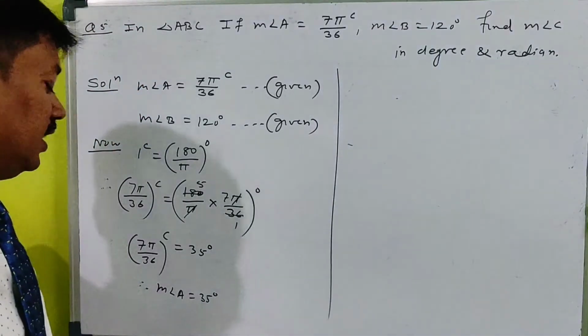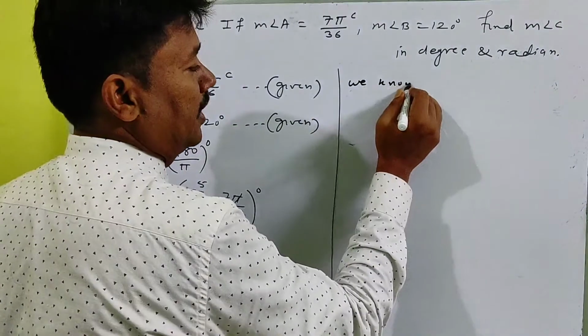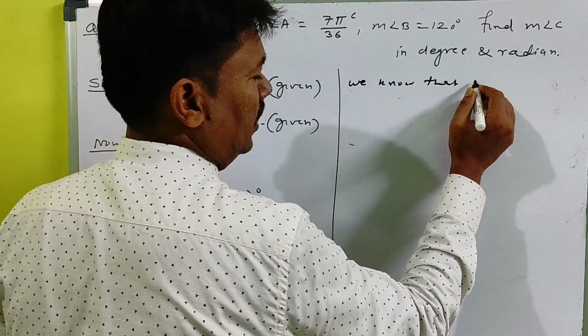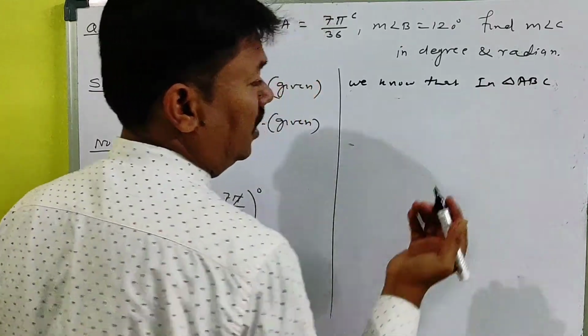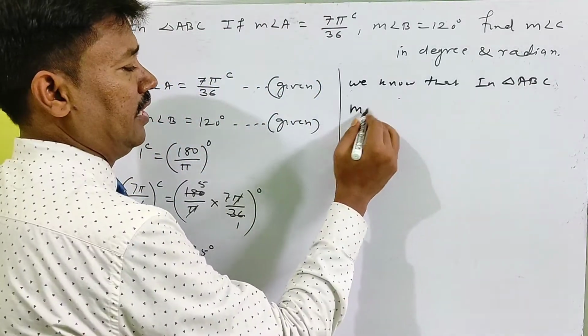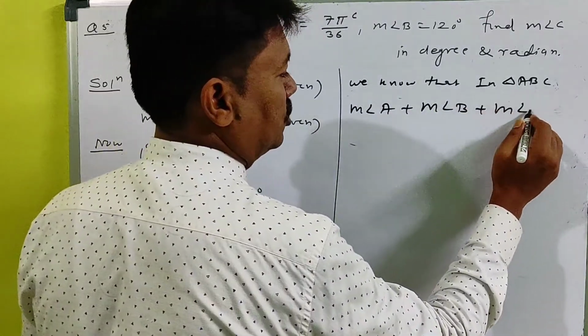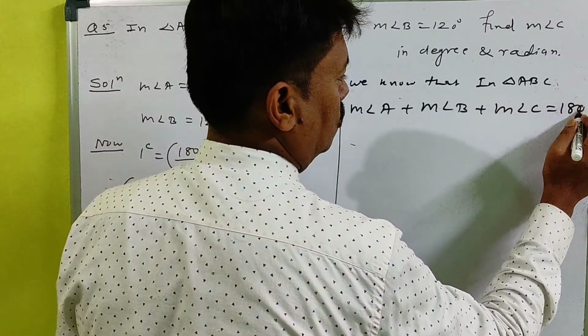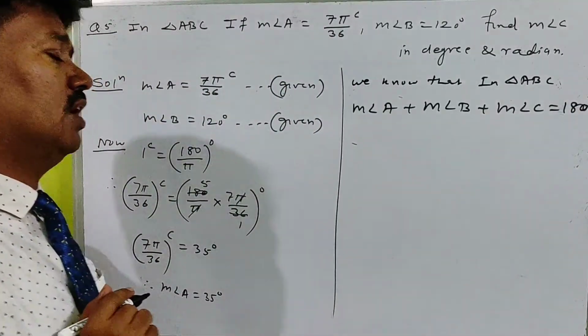Yes, so now we know that in any triangle, so in triangle ABC, in fact in any triangle, measure angle A plus measure angle B plus measure angle C is always equal to how much? It is equal to what? 180 degree.